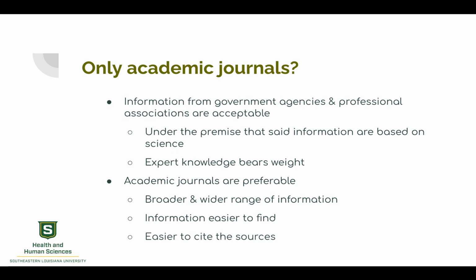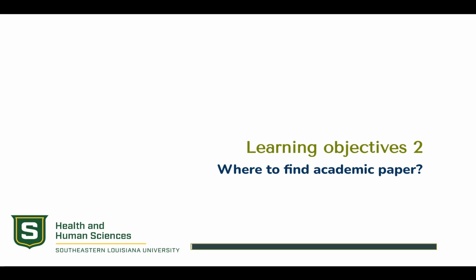Most importantly, particularly for the purpose of citation, they are a lot easier to cite because the citation suggestions are often provided, so you as a student don't have to come up with the way the citation needs to be done.